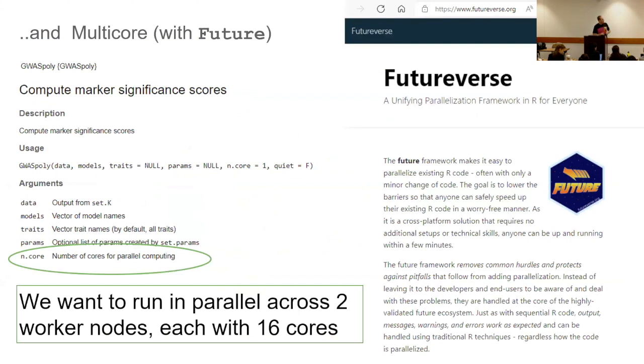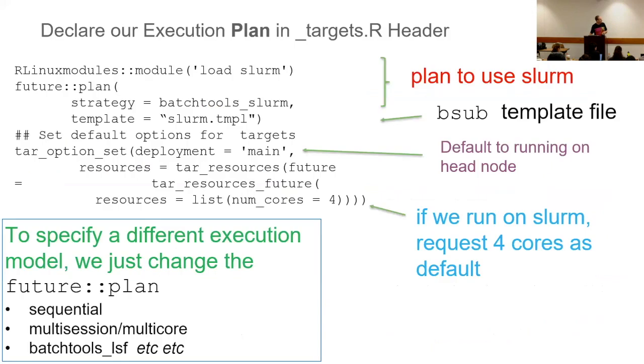How we can abstract away all of this orchestration is by using the future package. If you're not familiar with this, I'd direct you to the Futureverse website. It's very nice. It allows us to use multiple cores for parallel computing. So what we're aiming to do here is to run these two branches of the workflow in parallel, and then use all the cores that we can reasonably apply to each of those.